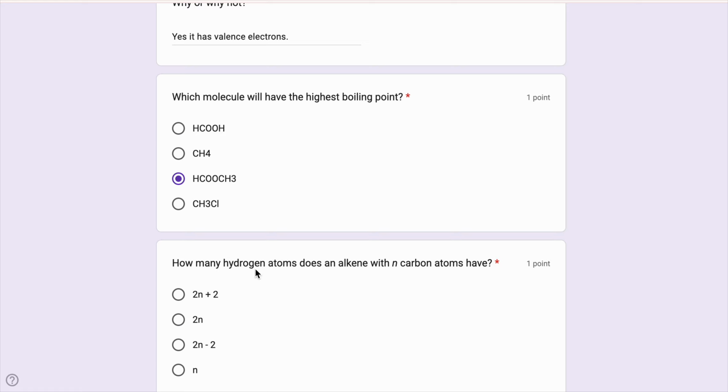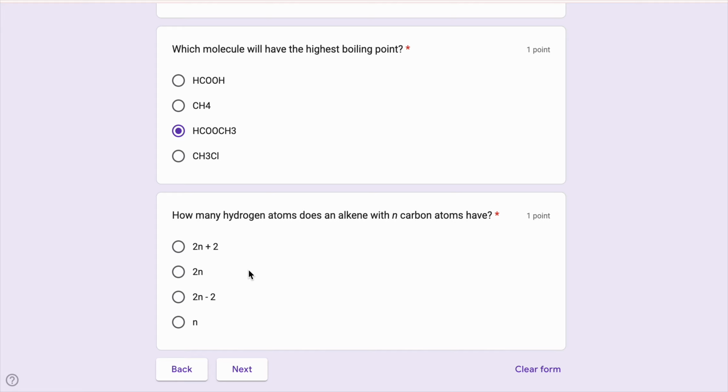How many hydrogen atoms does an alkene with n carbon atoms have? And in alkene, 2 carbon atoms are joined with double covalent bonds. So they have 4 hydrogen atoms. 2 carbons are joined by 4 hydrogens.